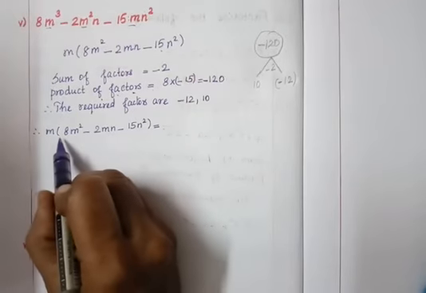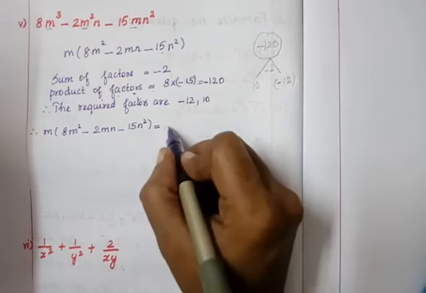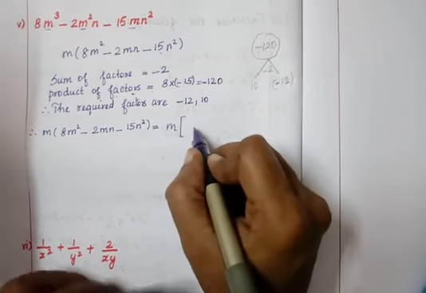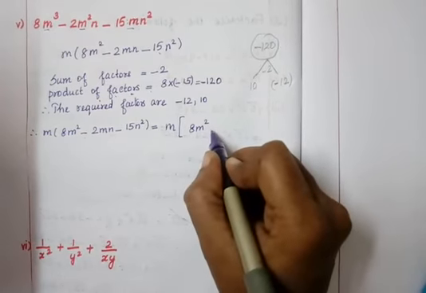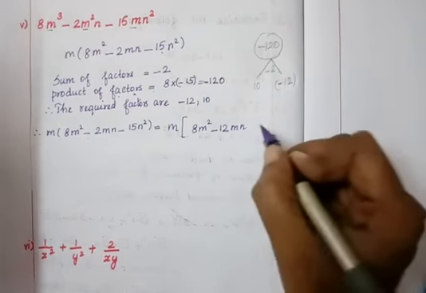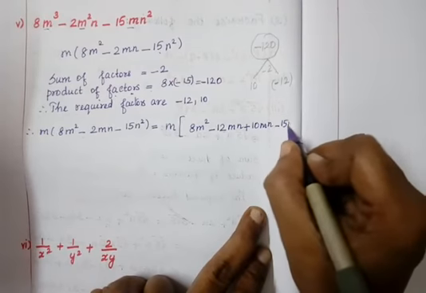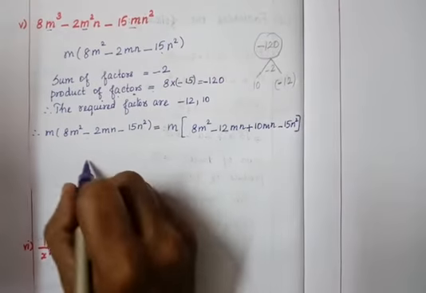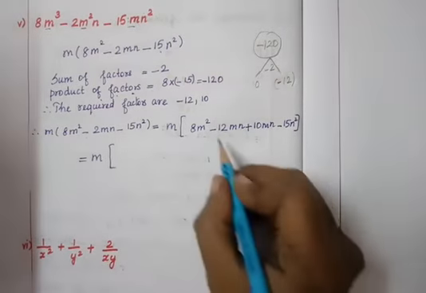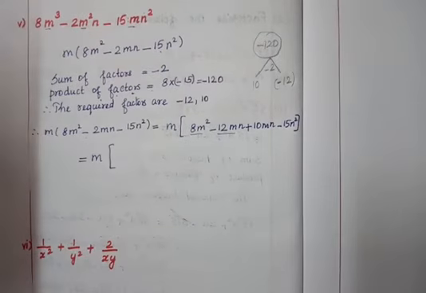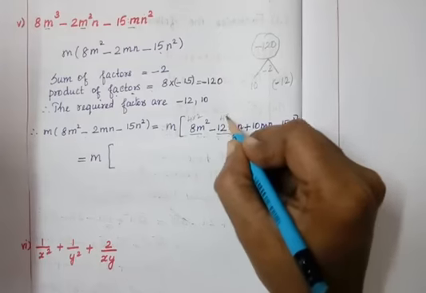Therefore m into 8m square minus 2mn minus 15n square is equal to m into 8m square minus 2mn can be split into minus 12mn plus 10mn then minus 15n square, equal to m into, here take the common factor. 8 means 4 into 2, 12 means 4 into 3.